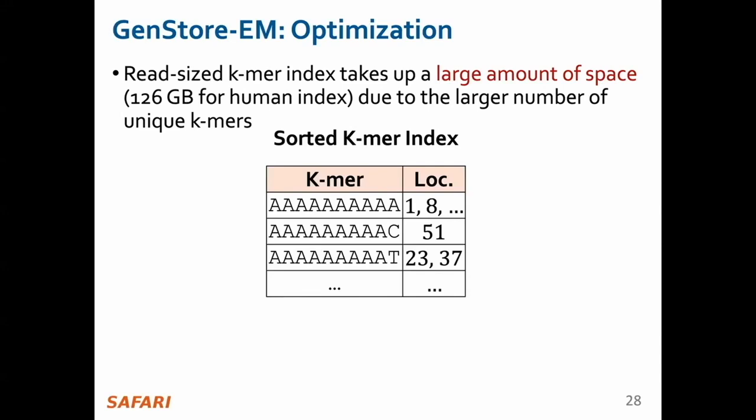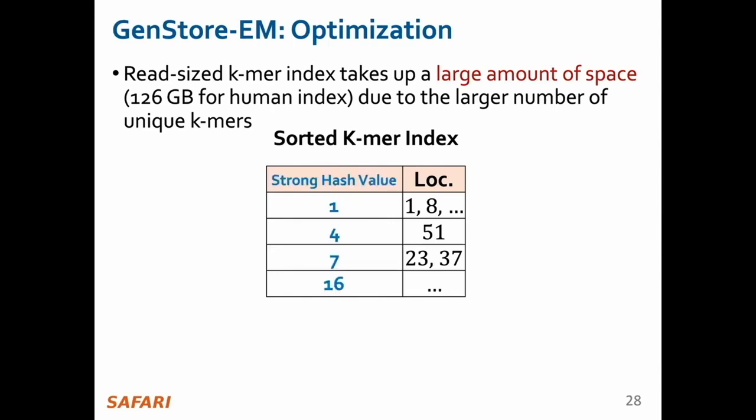The size of this table increases because of the unique number of k-length subsequences, and we can't use common techniques like minimizers to reduce it. So we reduce the overhead of this table by replacing the read size k-mers with a strong hash value of each read that can act as the sorting criterion instead of alphabetic sorting.